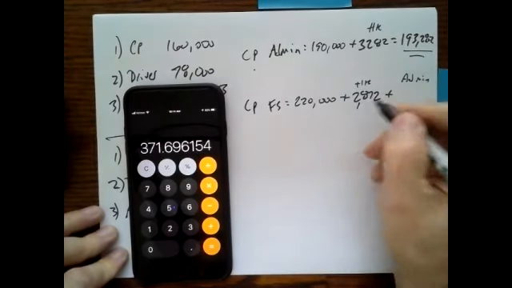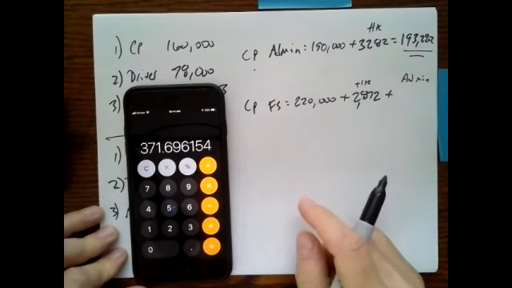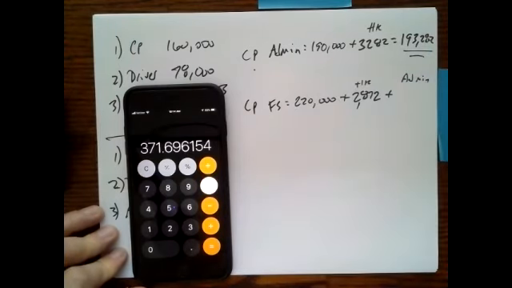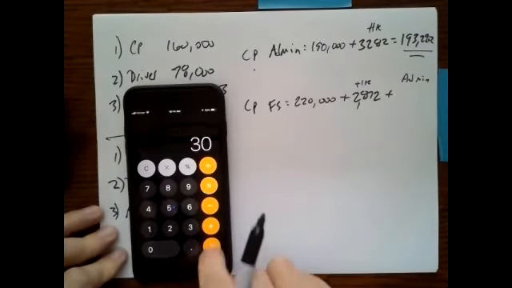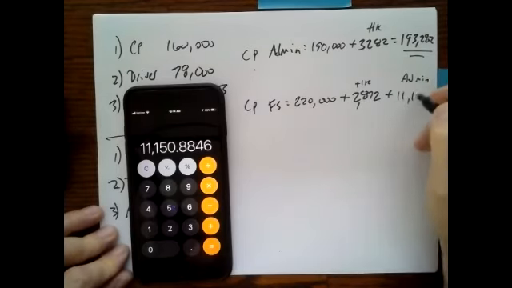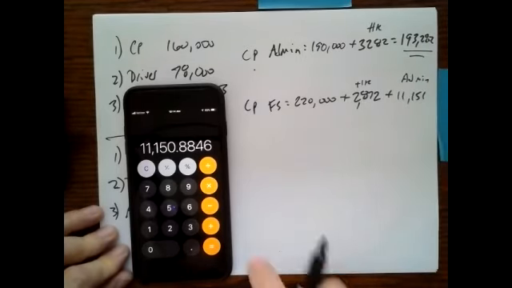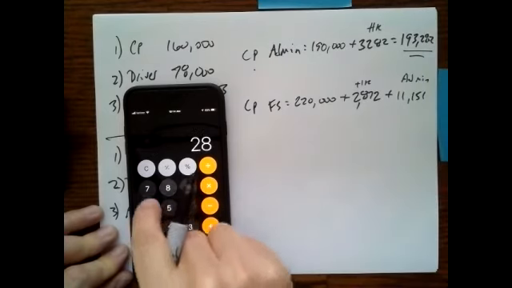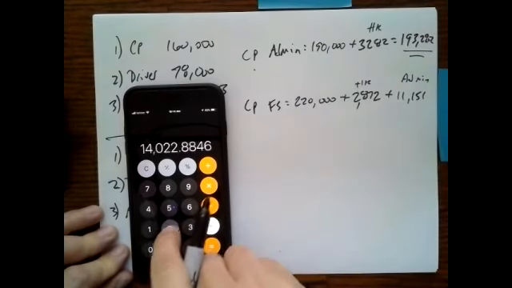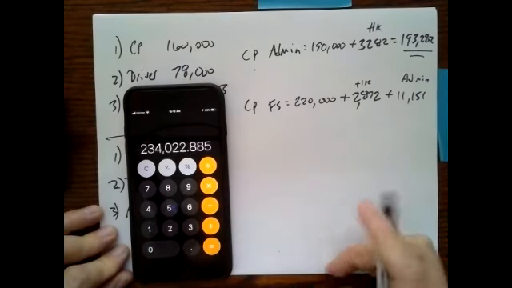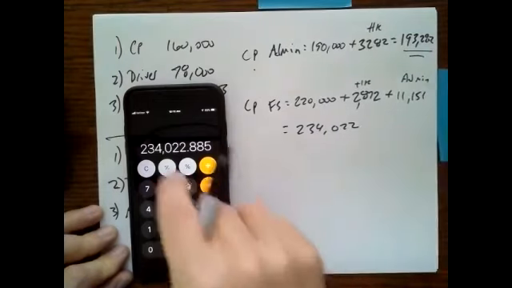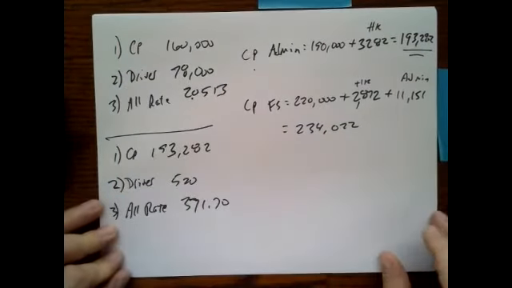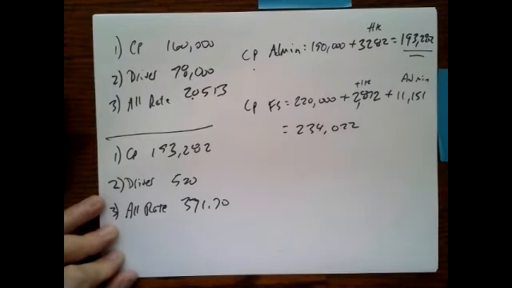They're getting 2,872 from housekeeping plus 371.69 per employee times they have 30 employees, 11,151, let's say, plus 2,872 plus 220,000 gives us a cost pool of 234,022 for financial services. Now we can finally allocate financial services to outpatient.